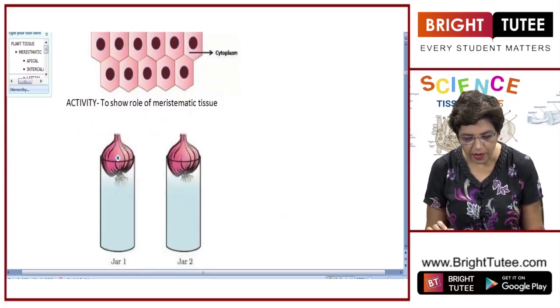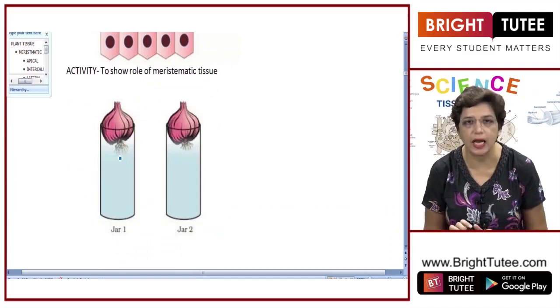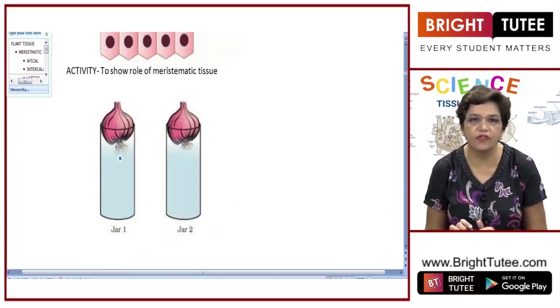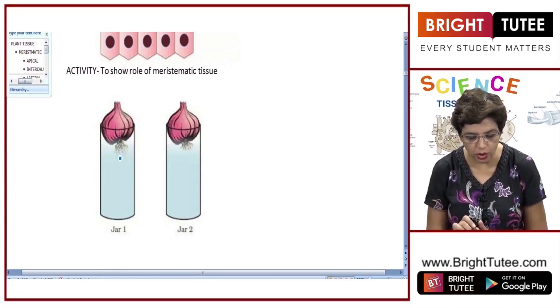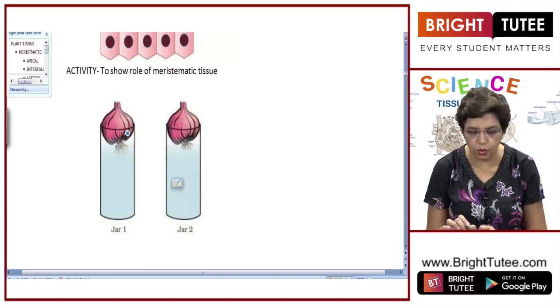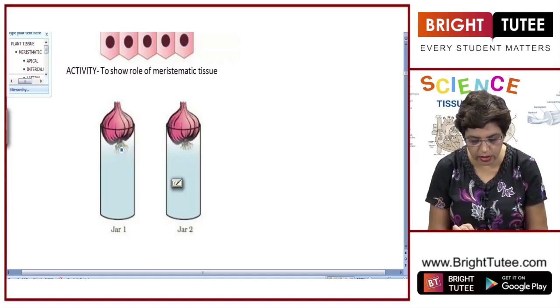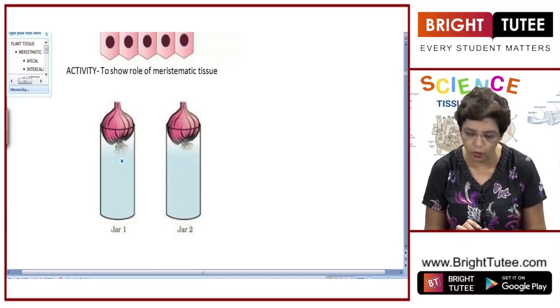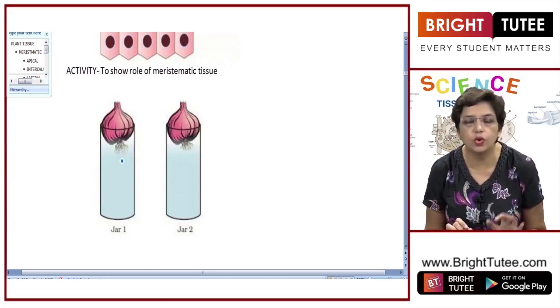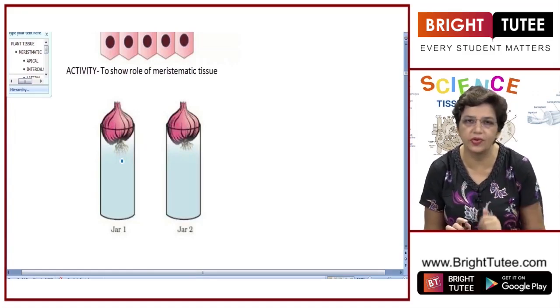Now, before we understand the types of meristematic tissue, you can perform an activity at home. Take two jars, jar 1 and jar 2, and put two onions with small roots in them, such that the roots are dipped in water. You have to fill the jars with water. Now observe the growth of these roots for 2 to 3 days.